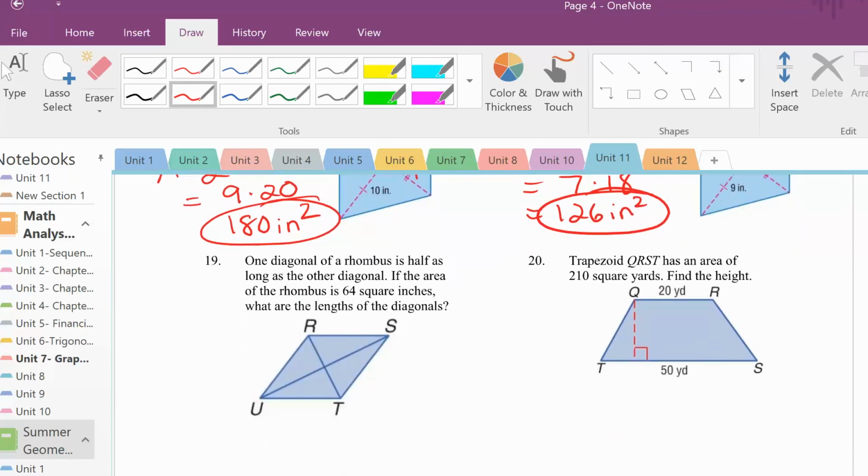So one diagonal of a rhombus is half as long as the other diagonal. If the area of the rhombus is 64 square inches, what are the lengths of the diagonals? So 64 is equal to 1/2 times diagonal 1 times diagonal 2. So basically, if we let x equal diagonal 1, then 2x could equal diagonal 2.